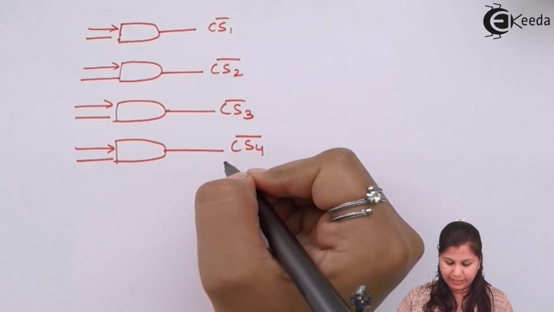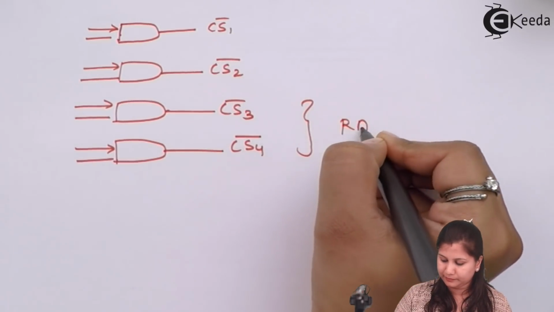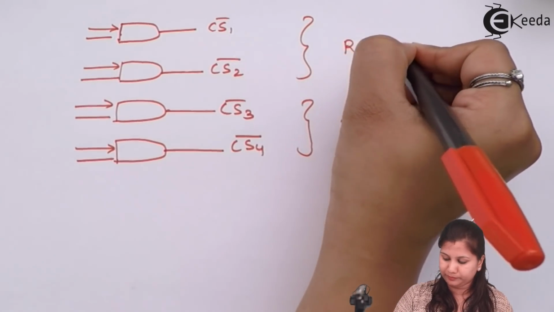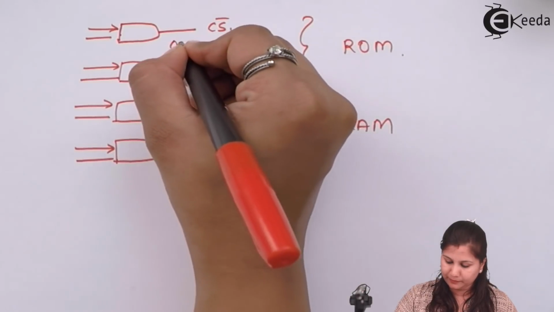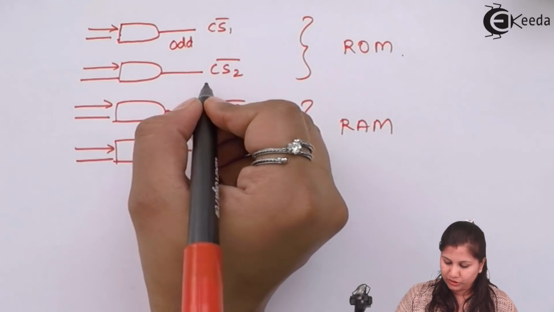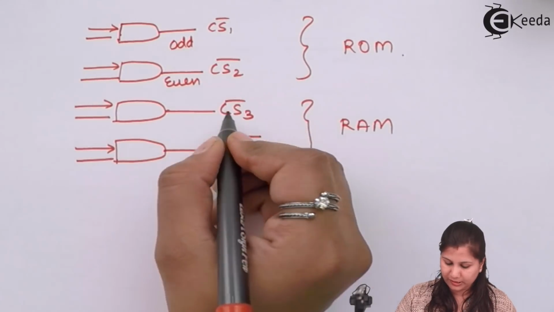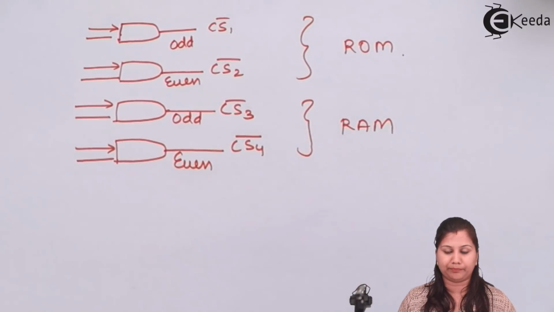Chip select 3 and 4 are for the RAM and 1 and 2 are for the ROM. CS1 is for the odd ROM, CS2, this chip select 2, is for the even ROM. This is CS3, it is for odd RAM, and this is for even RAM.